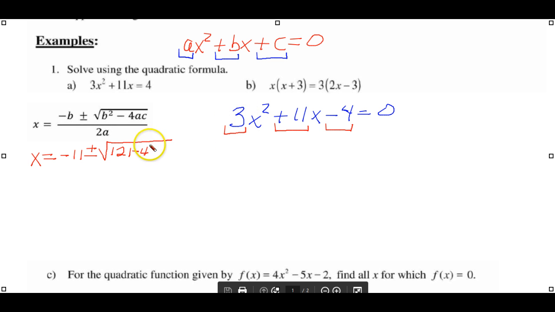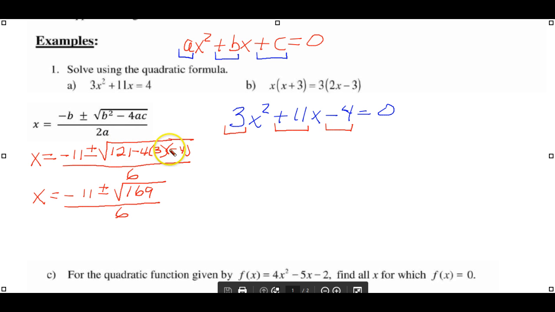A, we said, was 3, and c is a negative 4. And that's all going to be over 2a, so 2 times 3 is 6. So we'll give you a little time. You have to do this computation, and we'll see where it goes.